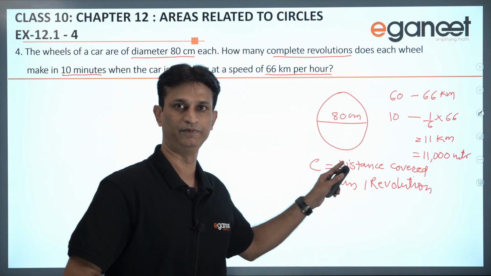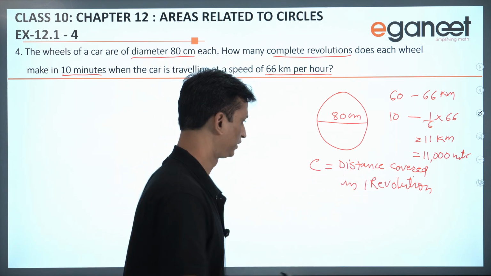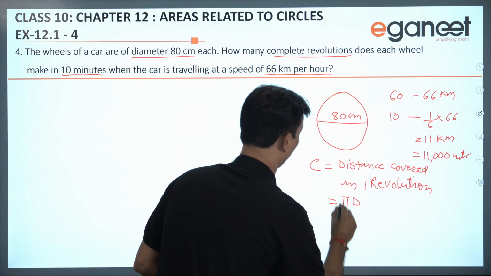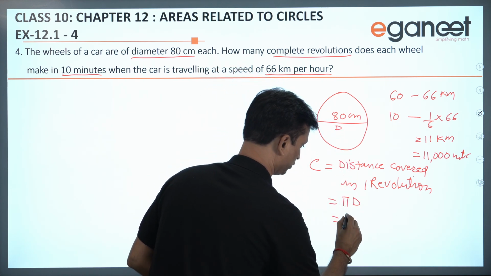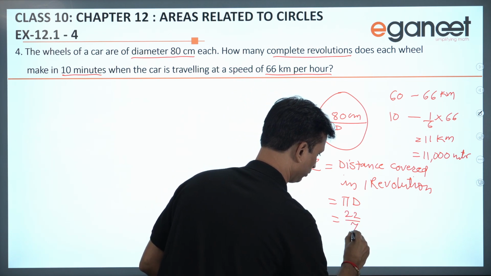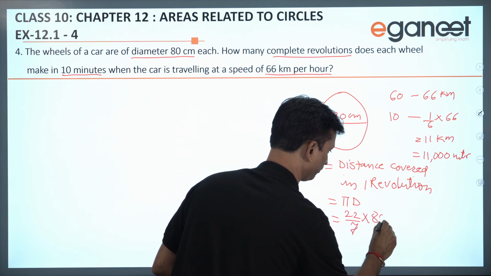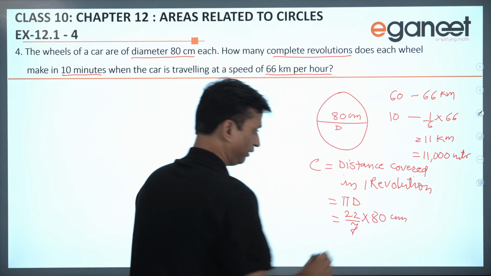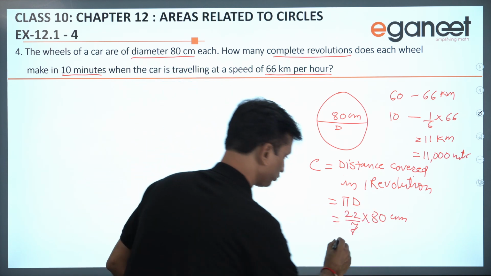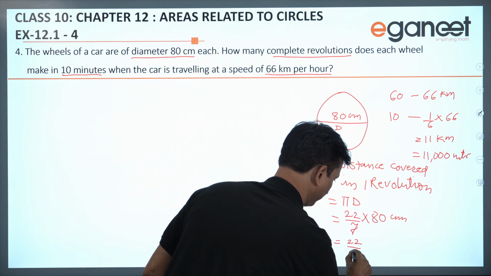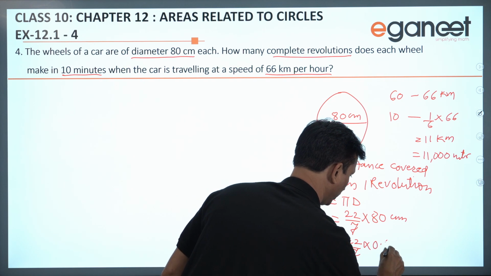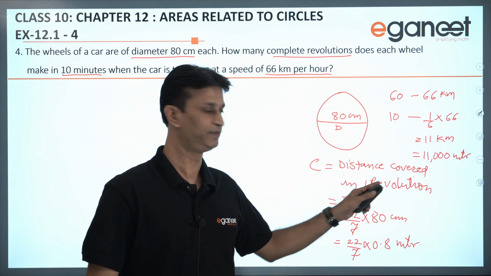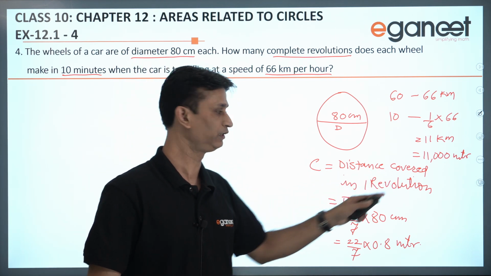And that will be equal to pi d. Okay, so we have been given the diameter as 80 centimeter, so that will be 22/7 into 80 centimeter. Okay, so we will convert this 80 centimeter into meter, so that will be 22/7 into 0.8 meter. Okay, so the circumference of the wheel is nothing but the distance covered in one revolution.